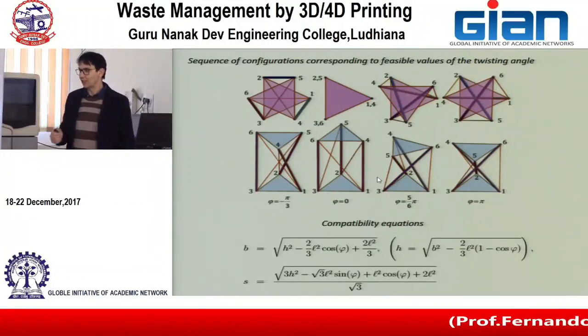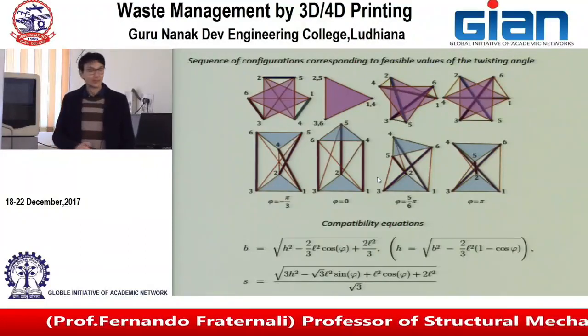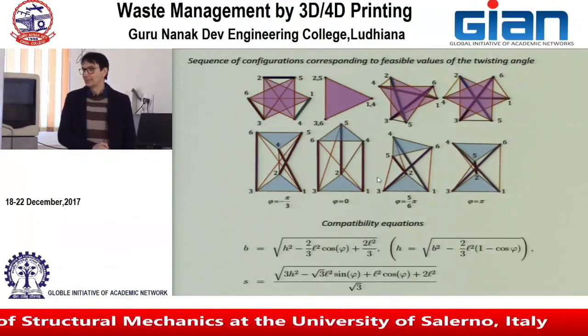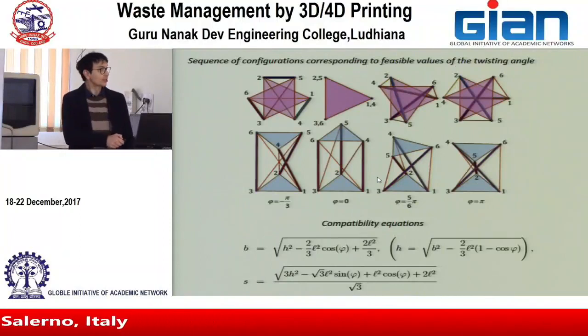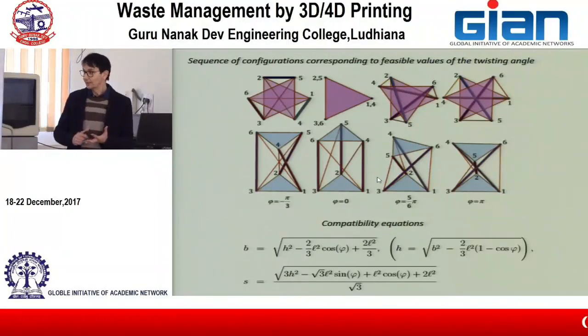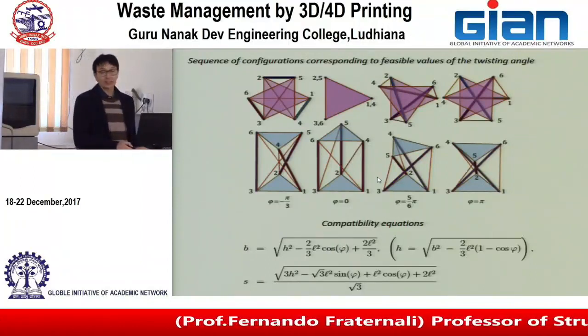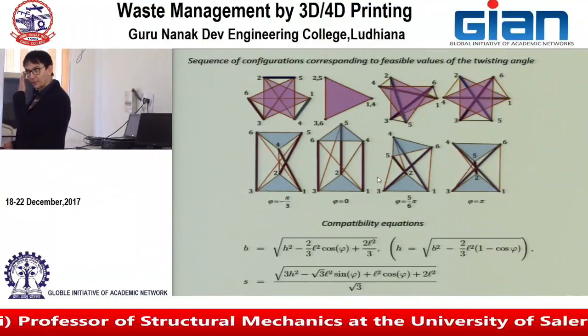If you want a shape that is reachable without applying forces, you have to choose this one. The others are reachable in this range, but by applying external forces. This one gives rise to a freestanding configuration.